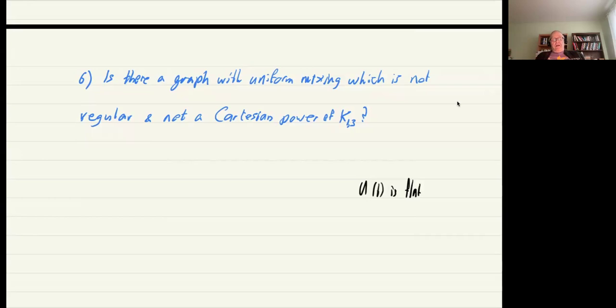Now the interesting thing is that the first question is: the only graphs with uniform mixing that are not regular are the complete bipartite graph K_{1,3} and its Cartesian powers. And so the question is, are there any other non-regular graphs with uniform mixing?